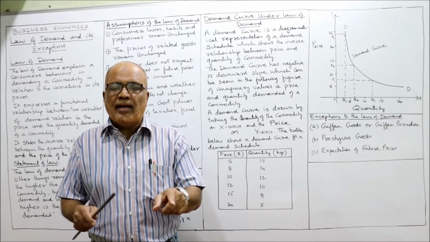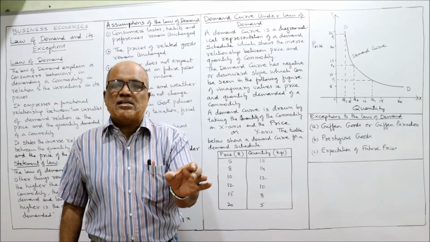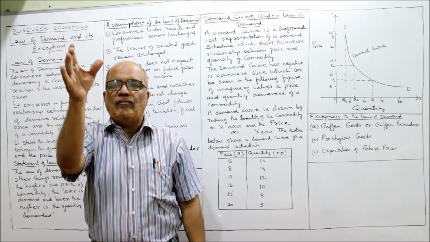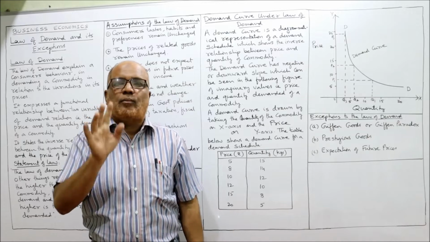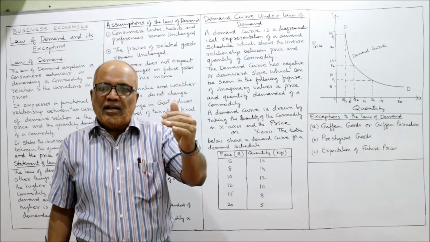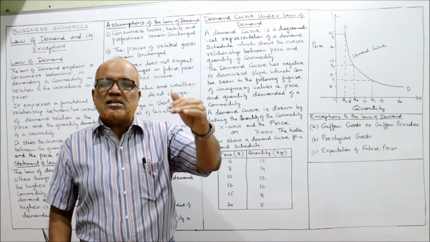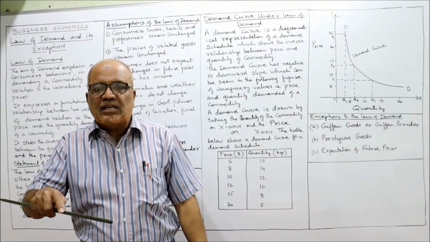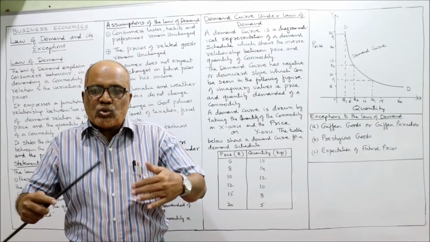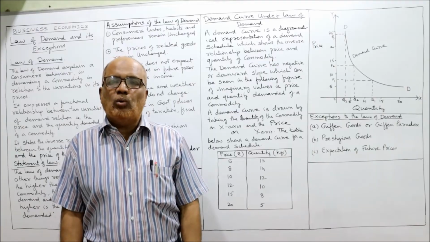A schedule, a table, is prepared. In one column we take all the prices of the commodity, in the second column we take all the demand of that commodity. If we observe, as the prices decrease, the demand increases, or as the prices increase, demand decreases. That actual data we present in a table, which is called a demand schedule.